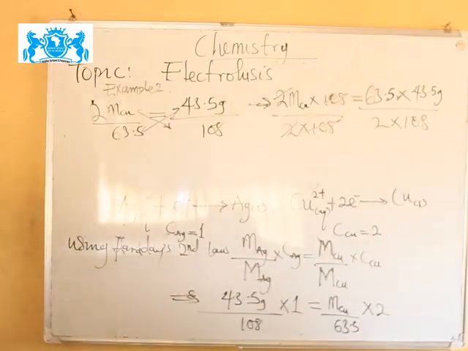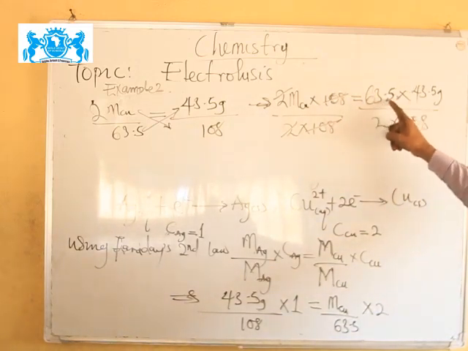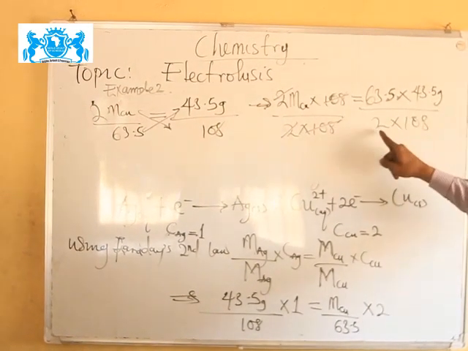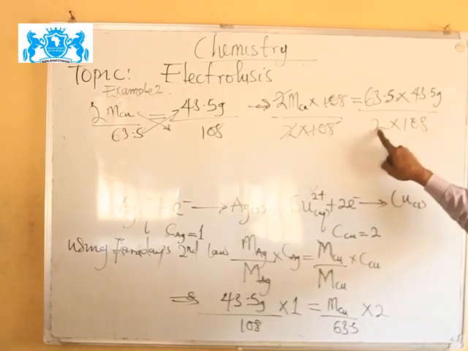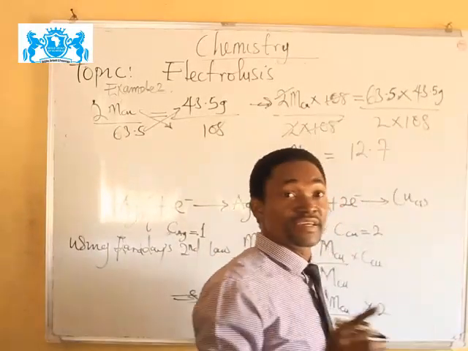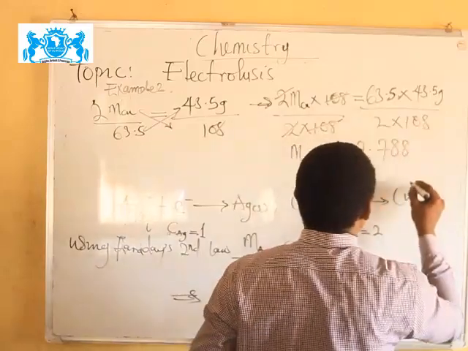Now, if you are dividing, you can do it like this if your calculator is not that advanced: multiply 63.5 times 43.5, then divide what you have by 2. So we have 12.788. That's correct.